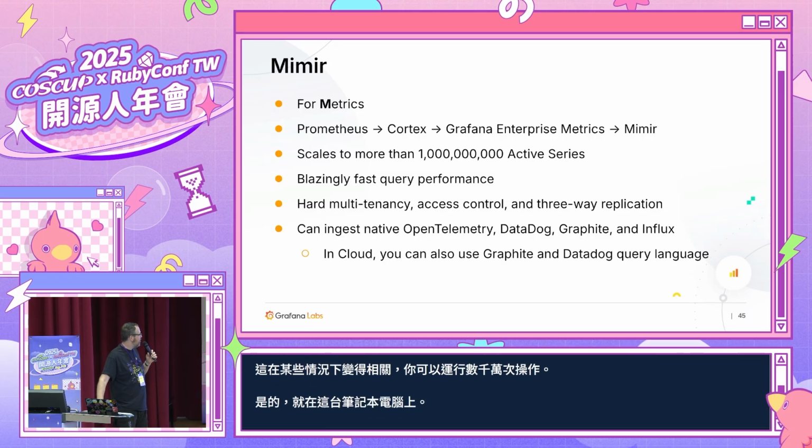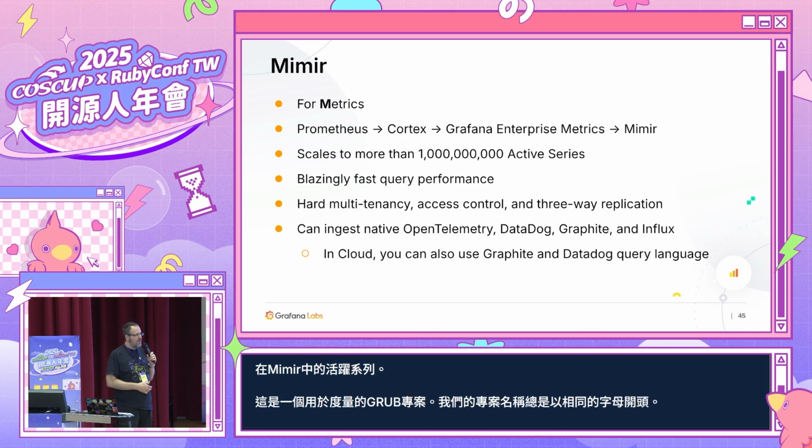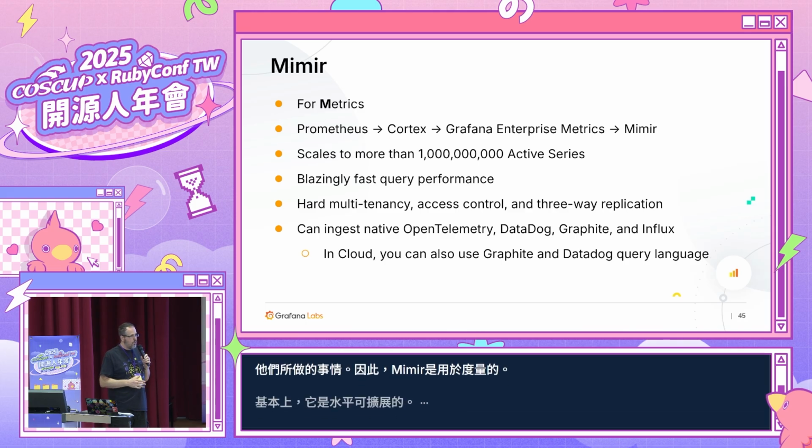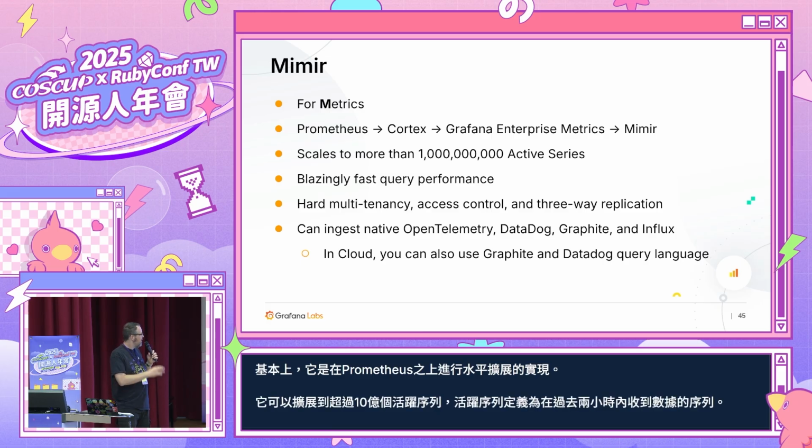Mimir, it's a Grafana project for metrics. Our projects always start with the same letter of what they do. So Mimir is for metrics. Basically, it is a horizontally scalable implementation on top of Prometheus. It scales to more than 1 billion active series. Active series being defined as has received data within the last 2 hours. It is super fast in performance. Has a lot of features.